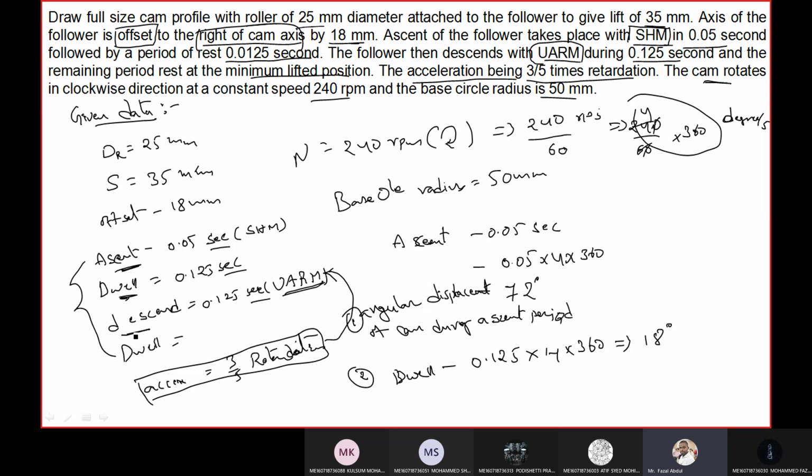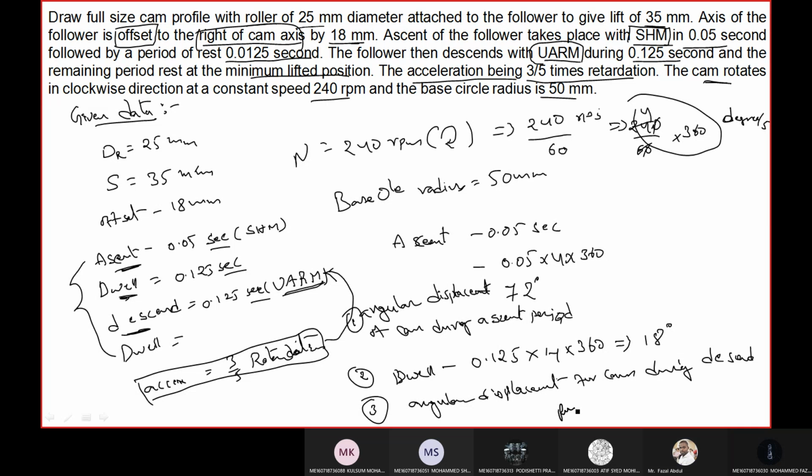Now calculating the descent value. So that one, angular displacement for cam during descent period.